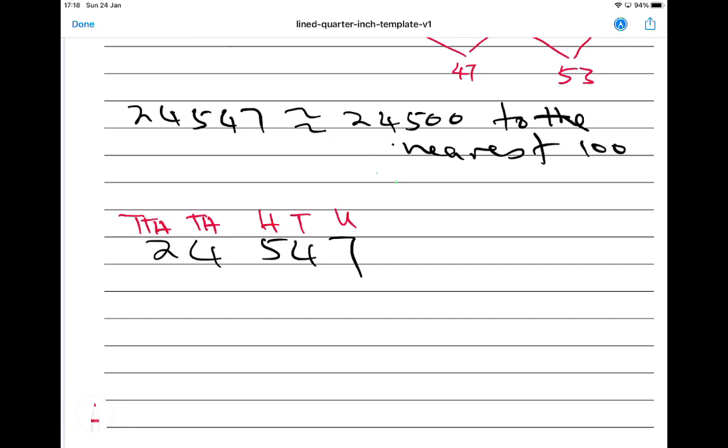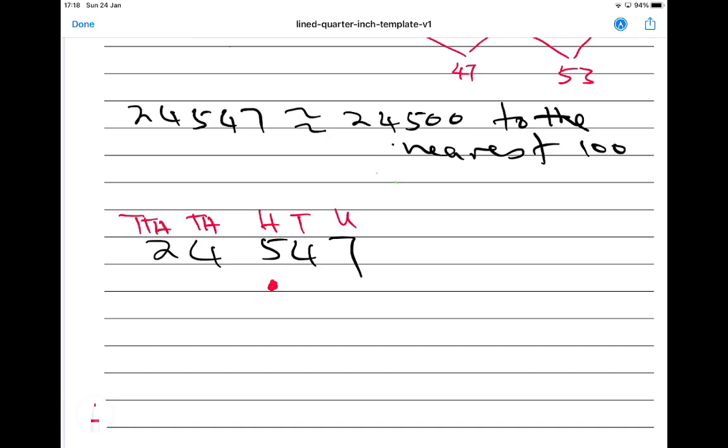And now you are rounding off to the nearest 100. So maybe mark it like this. You are rounding off to the nearest 100, which means your focus is on the hundreds. Now, the digits from the units to the hundreds are very important, but you need to then check the tens digit.